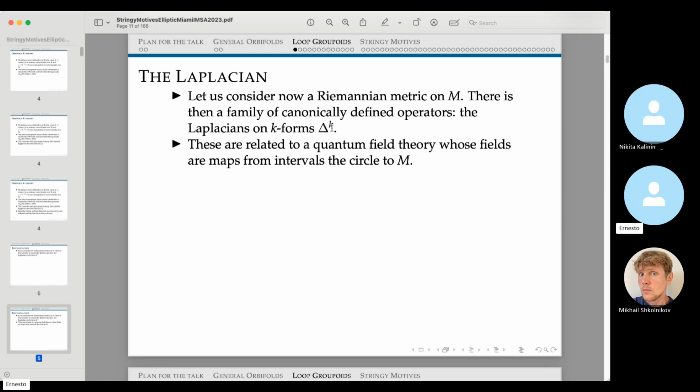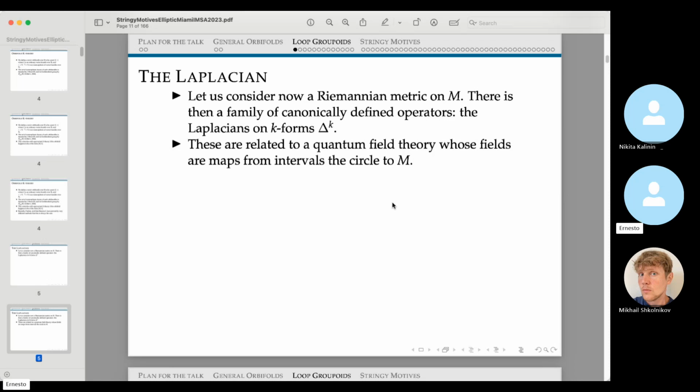And for the Laplacian, the space of fields is just the space of maps from the interval, or the circle. Here is a typo. From one-dimensional manifolds, you have the space of maps from the interval to the manifold, and that's an infinite-dimensional space.